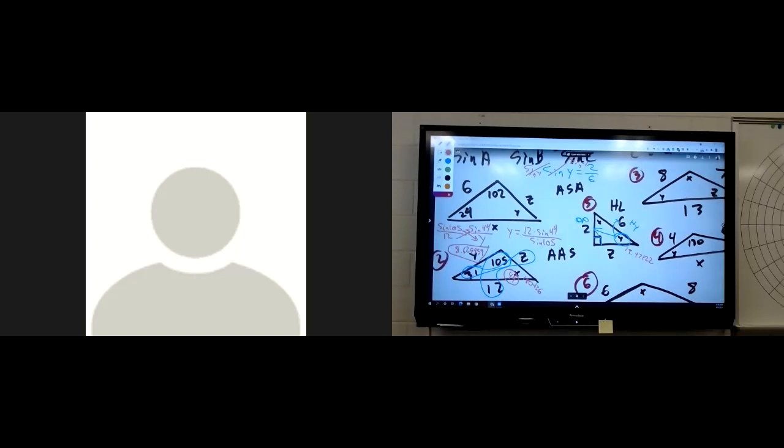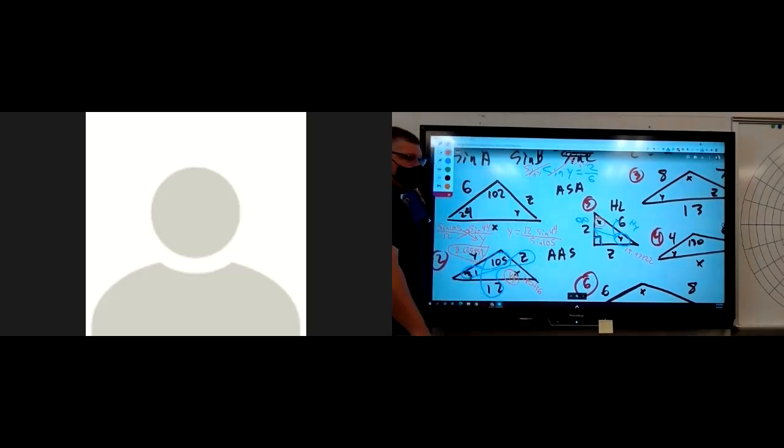Okay, cool. All right, back to where we were. Has somebody figured out how to find x yet? How did you get 70.53? Okay. 180 minus 90, because we got 90, minus 19.47.